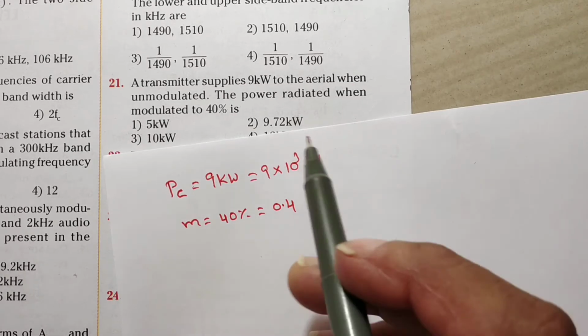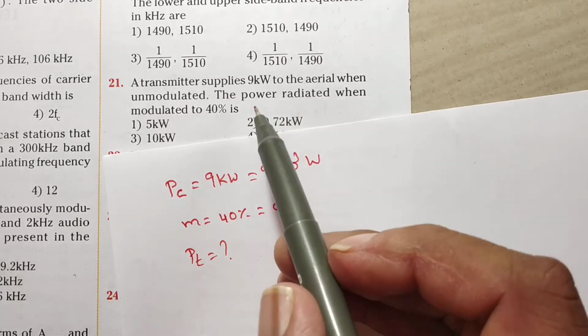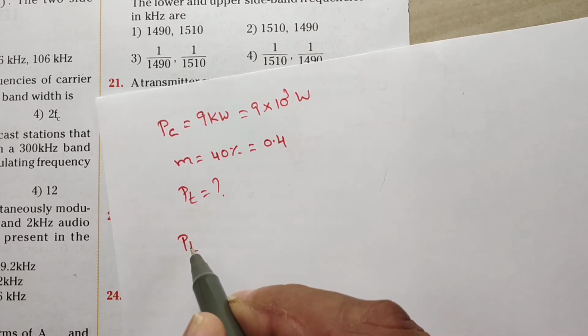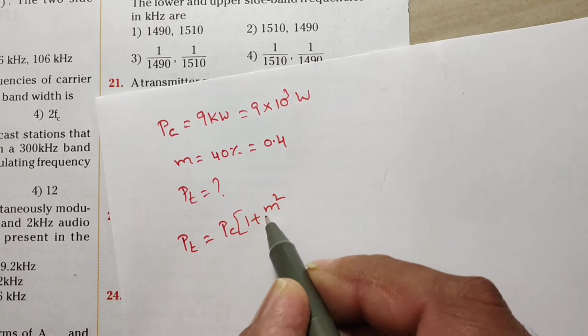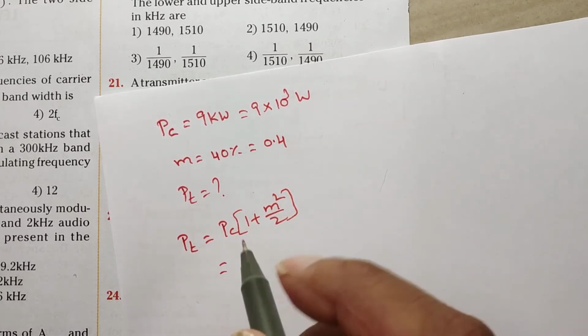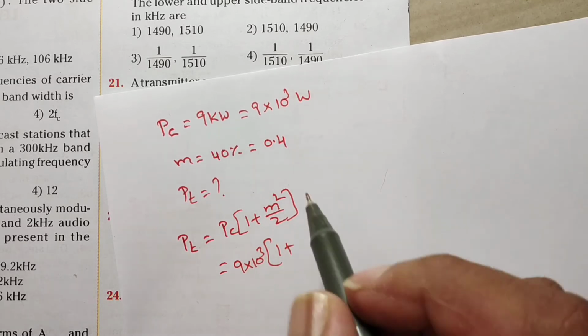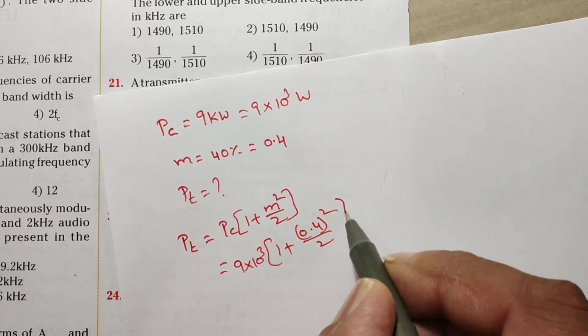We have to find the power radiated when modulated, that means the total power. After modulation we call it the total power. We know the formula: PT is equal to PC into 1 plus m square by 2. That means PC given is 9 into 10 to the power of 3 into 1 plus modulation index 0.4 whole square by 2.